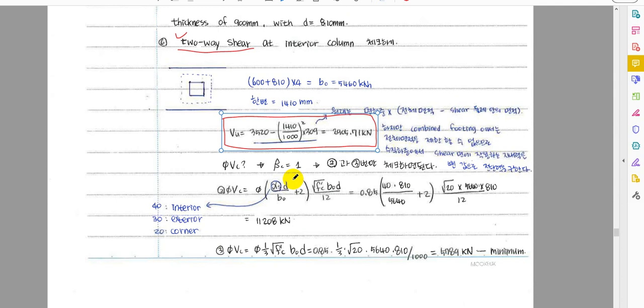The soil pressure is going to punch through your foundation again in the combined footing as well, and we need to calculate this area outside of the column. This is the column, and this is the critical section, in this area.